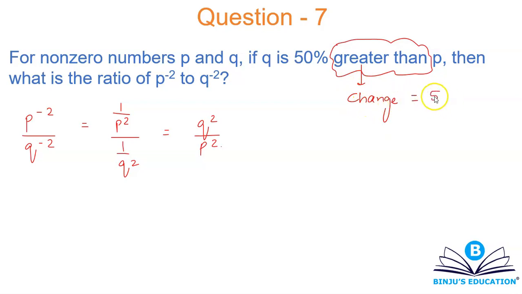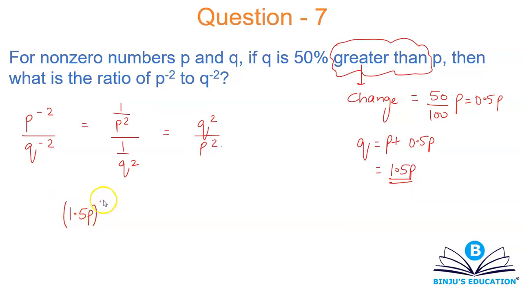The change is 50 by 100 into P, which is 0.5 P. So Q is basically P plus 0.5 P, which is equal to 1.5 P. So if you want to calculate the ratio, it's pretty simple. 1.5 P square divided by P square. So that is like 2.25. That is 2.25, and that's your answer.